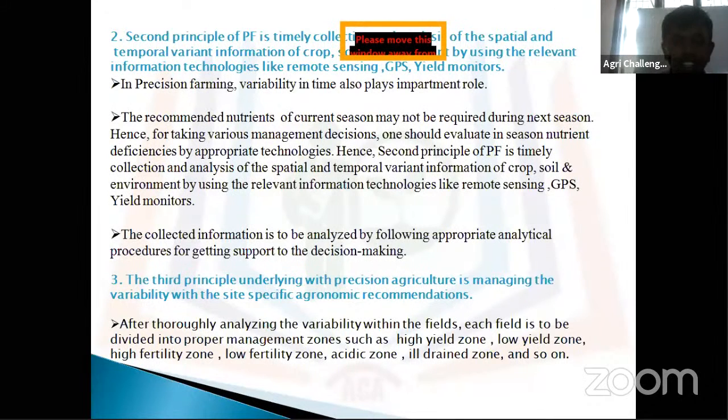One should evaluate in-season nutrient deficiencies by appropriate technologies. What are the appropriate technologies? Again, coming to remote sensing, then your SPAD chlorophyll meter, your GreenSeeker, handheld devices.